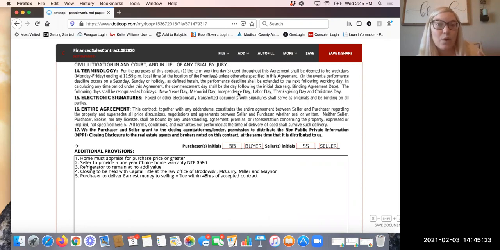Okay, if they did want to retain something special, then you would want to make sure you put that on an addendum when you're accepting an offer as a seller. You want a separate addendum with that. And then also, I always put it in the MLS, in the agent remarks.